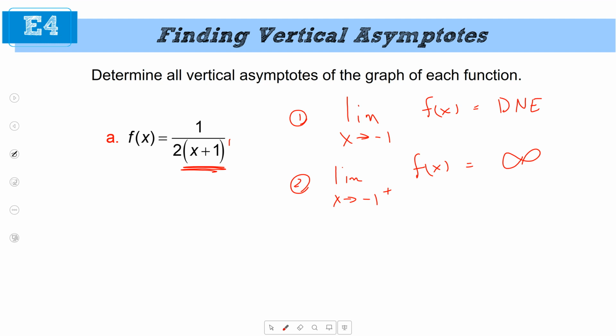You would just look at whether the answer is positive or negative, and we're doing the exact same thing. The third question would then be, you see where this is going, what's the limit as x approaches -1 from the negative side? I put in a number a little bit more negative than -1, -1.1. When I put -1.1 in here, the denominator becomes negative, the numerator is still positive, we go to -infinity.